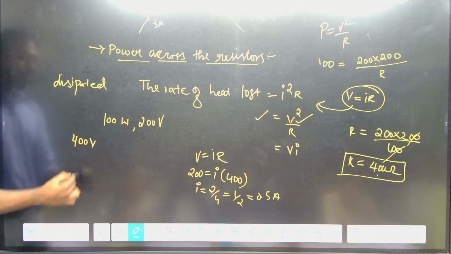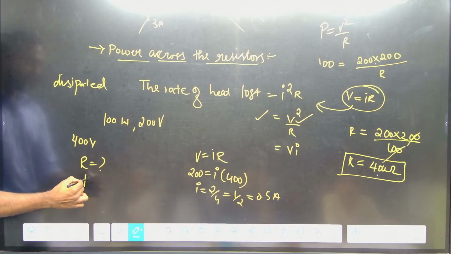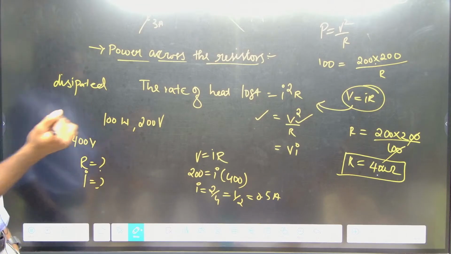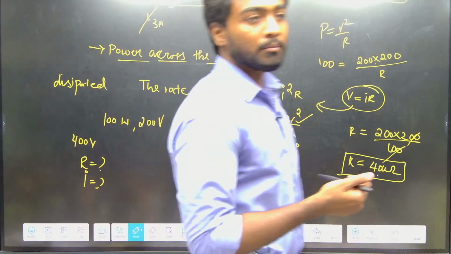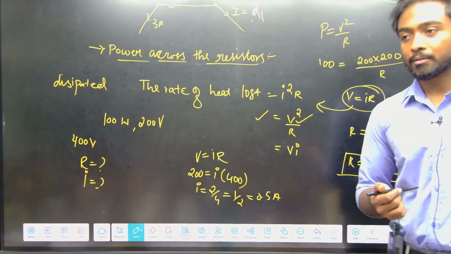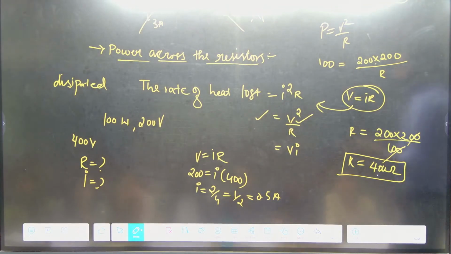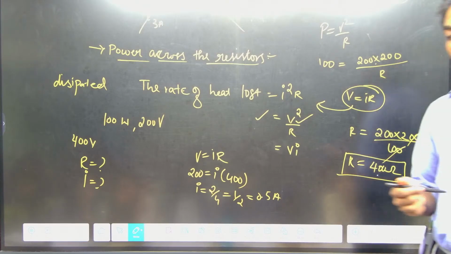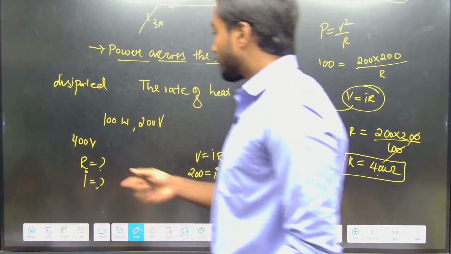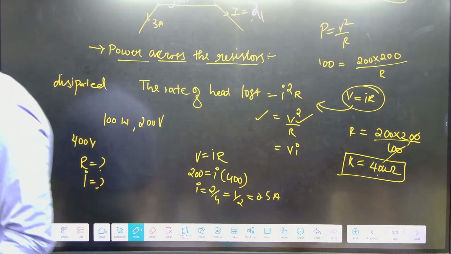What is the resistance and what is the current? The same situation, 100 watt bulb, now it has been connected with a 400 volt battery.